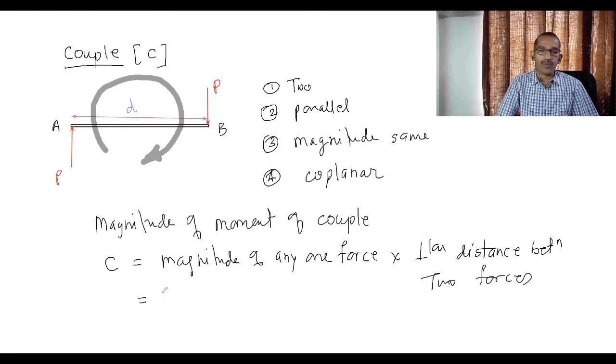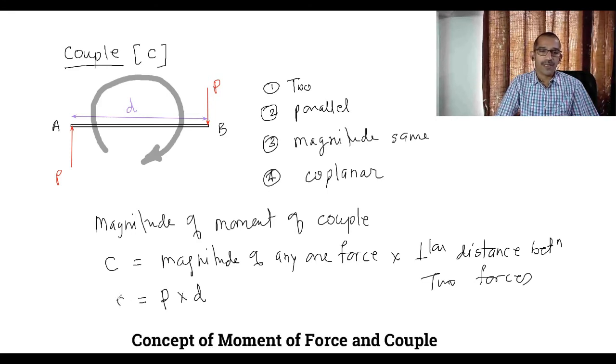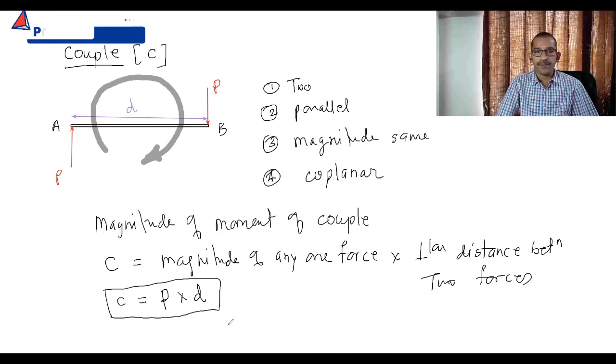Therefore, magnitude of any one force means what? P. Perpendicular distance between two forces is what? D. That means here again you are getting the same formula as in moment, both are the same. But here what is very important is that it is the perpendicular distance between two forces.